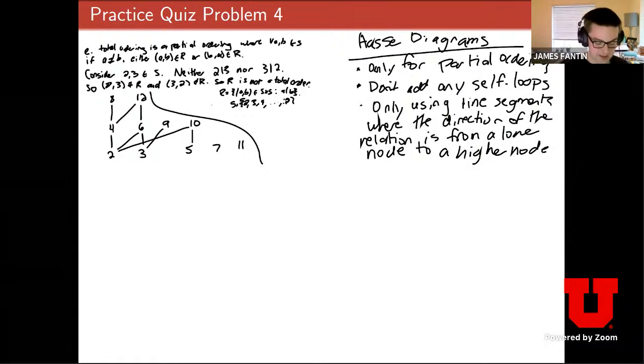So in this example, the direction is always from 2 to 4, so it's always kind of going up. We could put the arrows in, but because we know it's antisymmetric, we can just ignore the arrows and form this ordering, because we don't have arrows in reverse in any place.